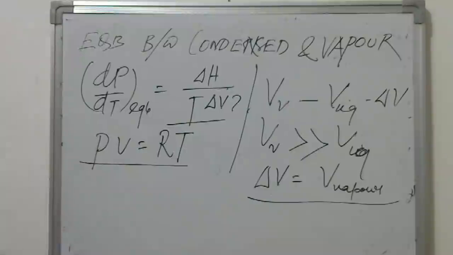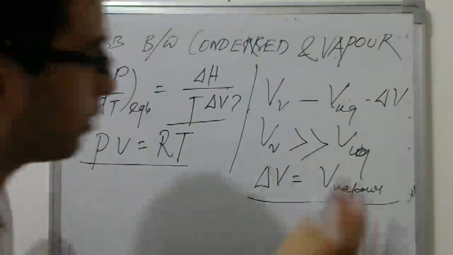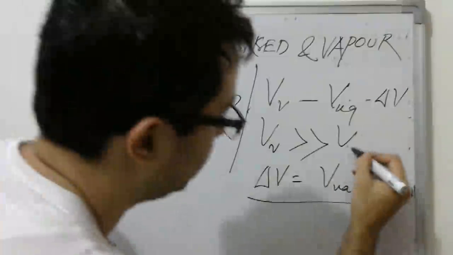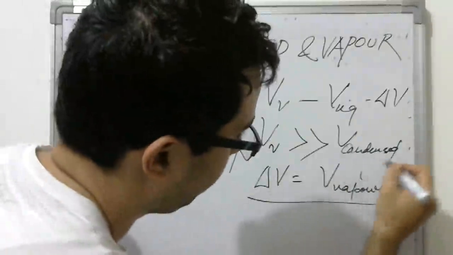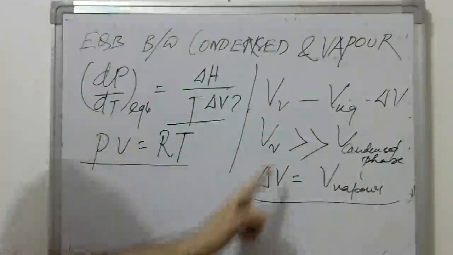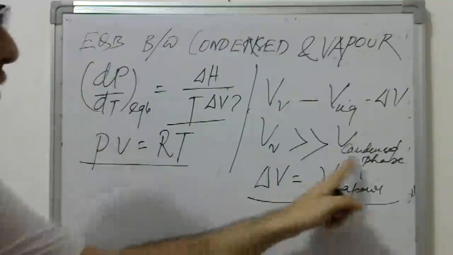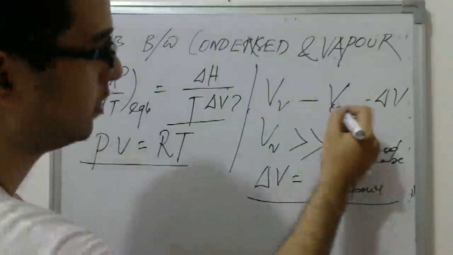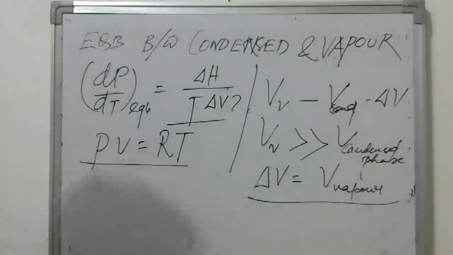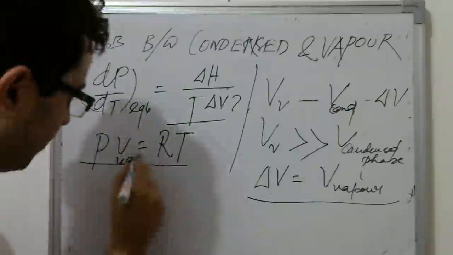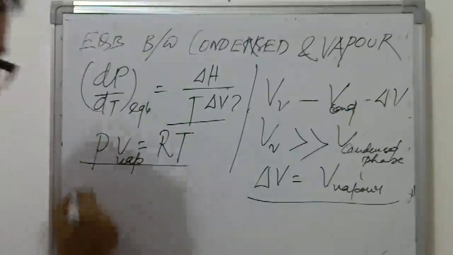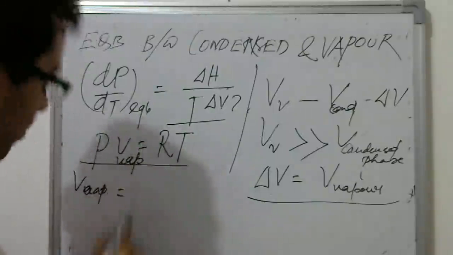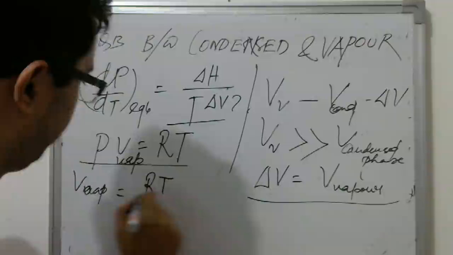It's not that you just apply them according to your wishes. I won't write liquid here, I will just write condensed phase. So the volume of the vapor is much higher than the condensed phase. So delta V is V vapor minus V condensed phase, which can be substituted as only V vapor. So how do I replace this V vapor? V vapor is RT by P, right?